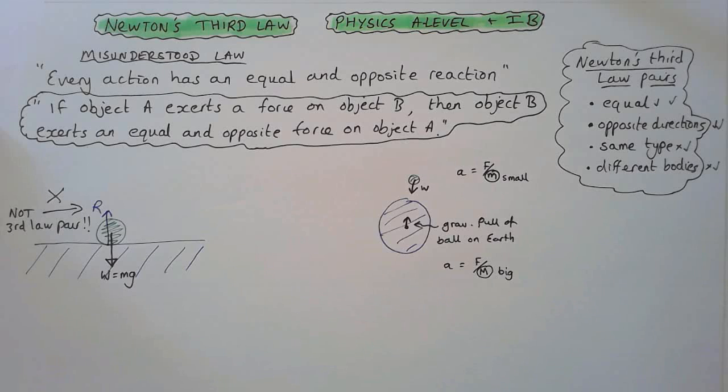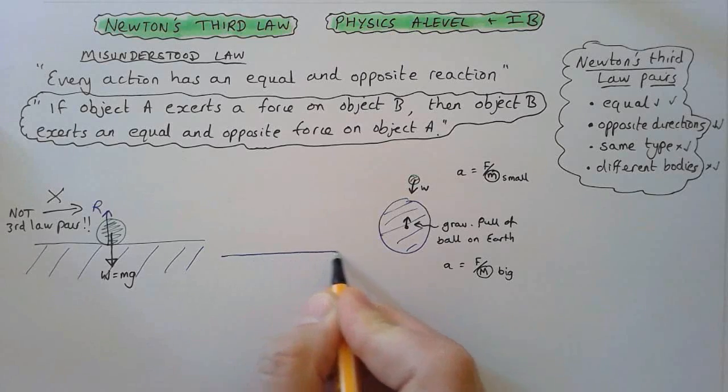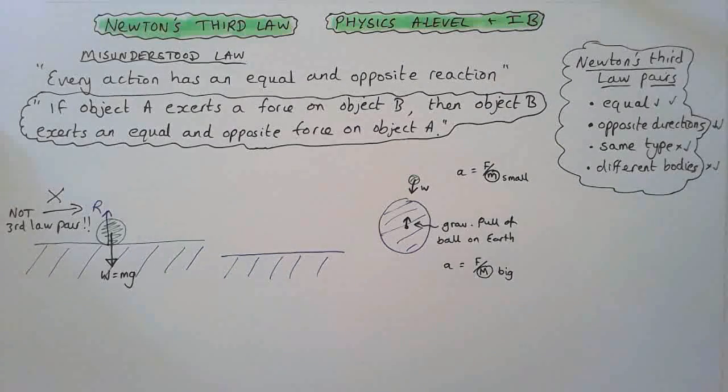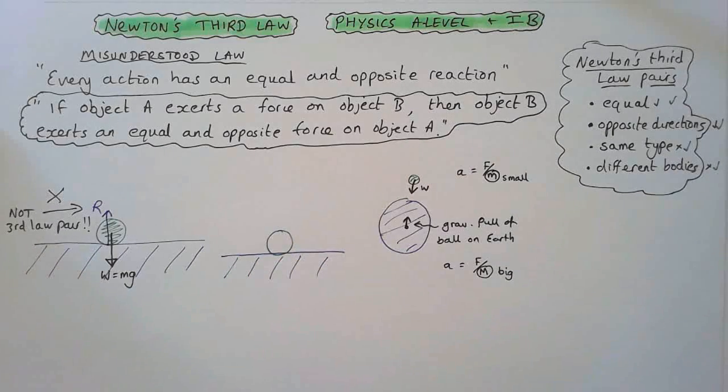So that's how it works. That's a Newton's third law pair. So let's go back to our zoomed in diagram and redraw it. So here's the ground again. I'm going to redraw my ball, and how would I draw it on this diagram?